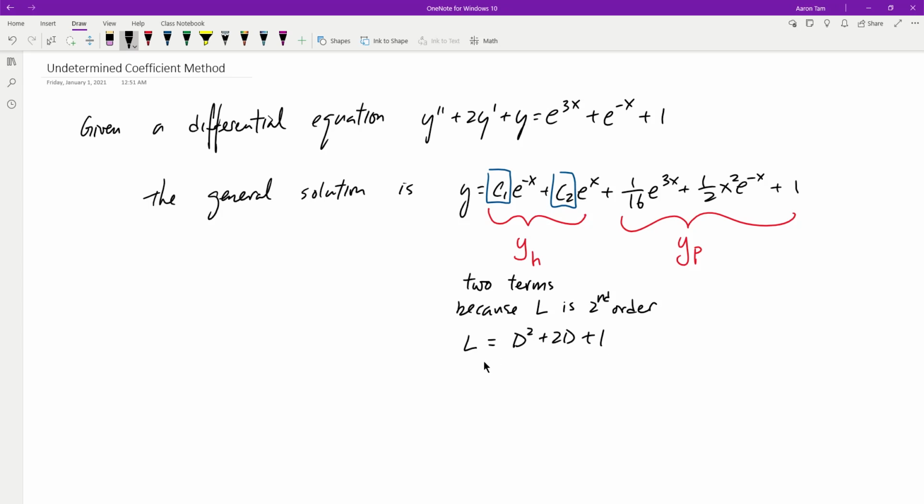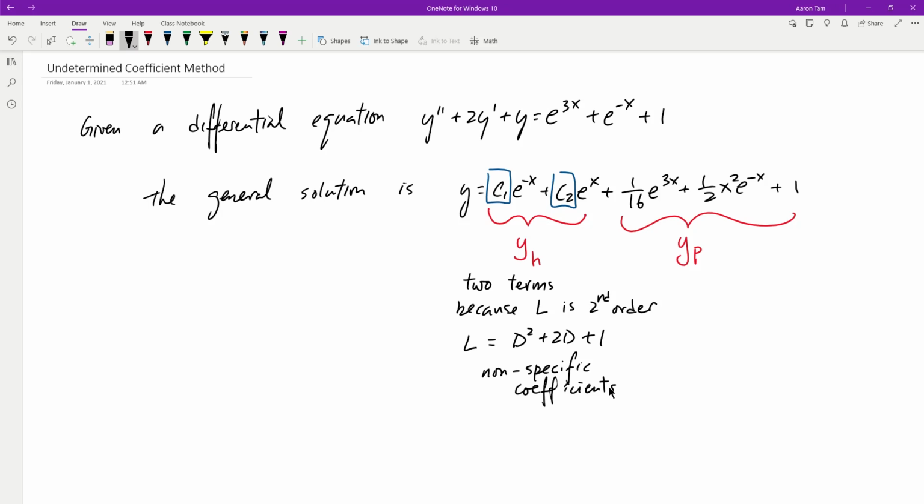In this case, we have two non-specific coefficients. So if you look at the general solution, the non-specific coefficients usually indicate where the homogeneous solution would be, and that is dictated by the linear operator L.